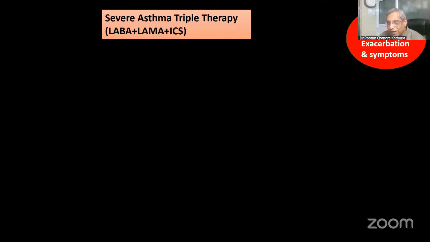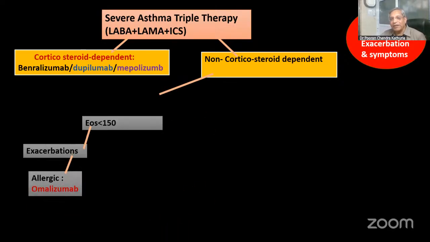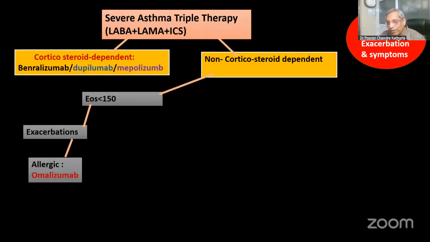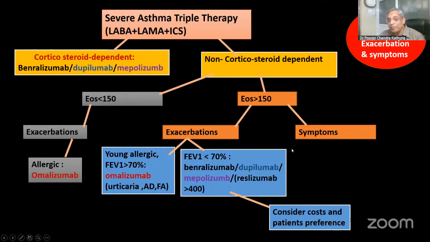So whenever we plan any selection of a biological, we must think whether my patient is on LABA-LAMA-ICS. Then we ask the patient whether he is steroid dependent or non-steroid dependent. If my patient is non-steroid dependent, then we ask what is the eosinophil count. If it is less than 150, we ask how many exacerbations. The drug of choice is omalizumab. And if the eosinophils are more than 150, then again two questions are asked: how many exacerbations, and the symptomatology of the patient.